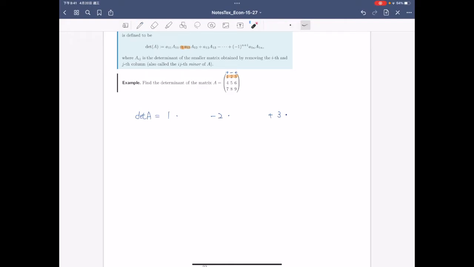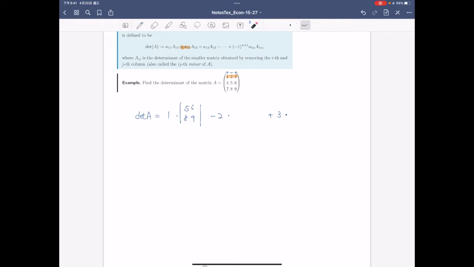But what do I multiply by? The 1 is the 1, 1 entry. What we're going to do is remove the first row and first column. Whatever you're left with, I have 5, 6, 8, 9, and compute the determinant, okay?